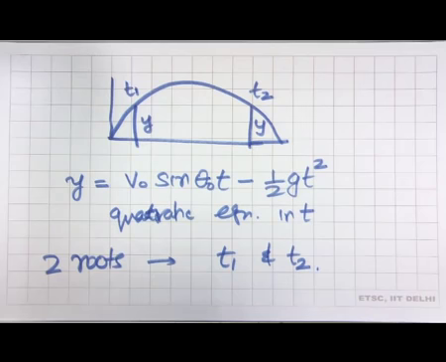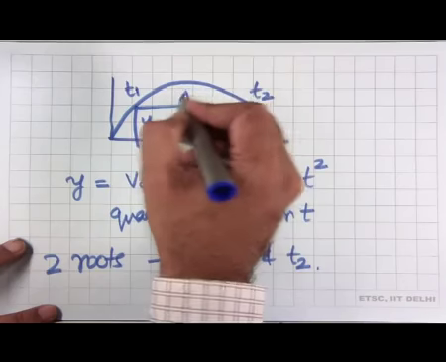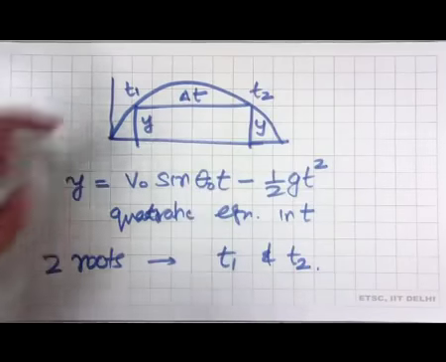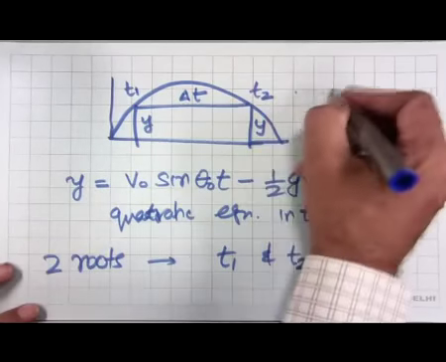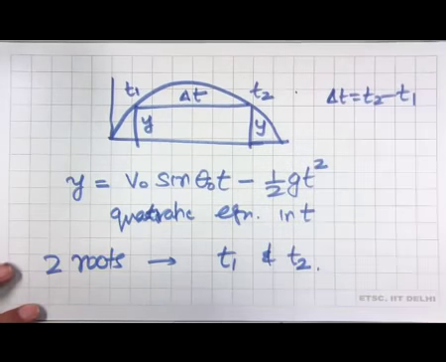Now, in some of the problems, we may need to find this time, that is delta t, which is t2 minus t1.